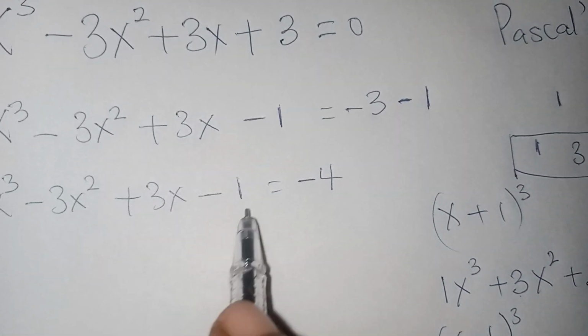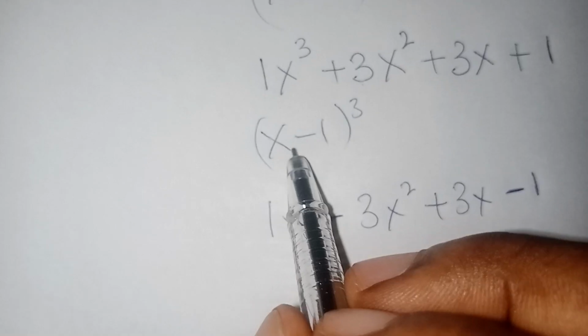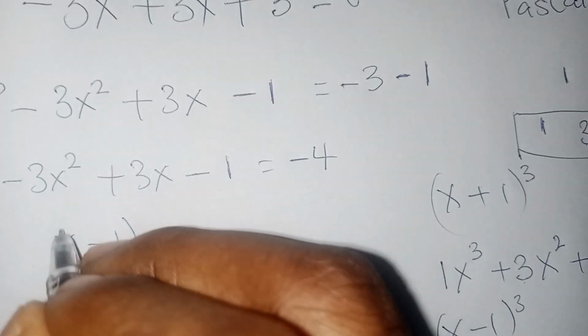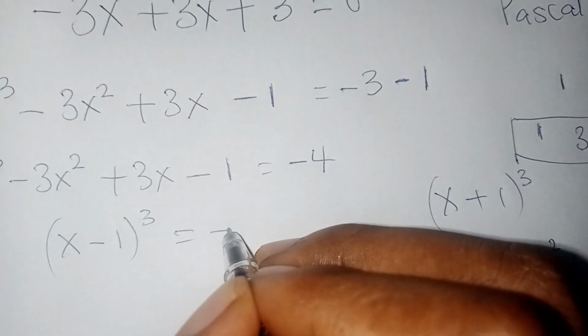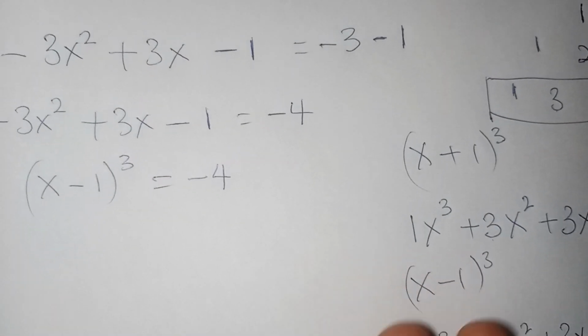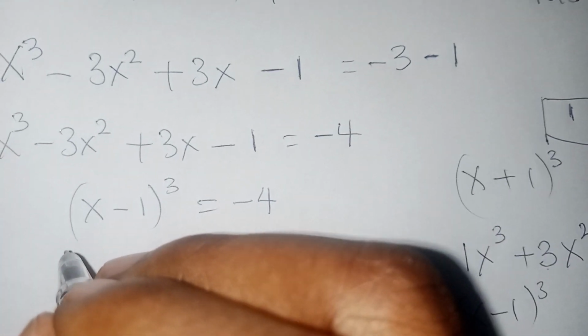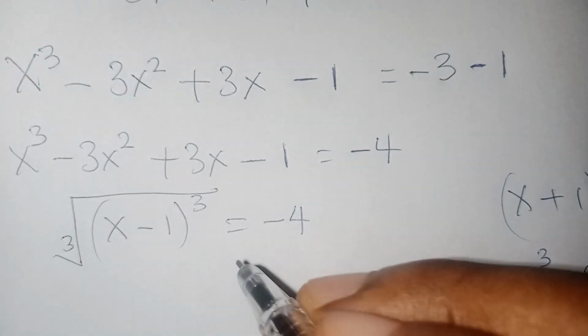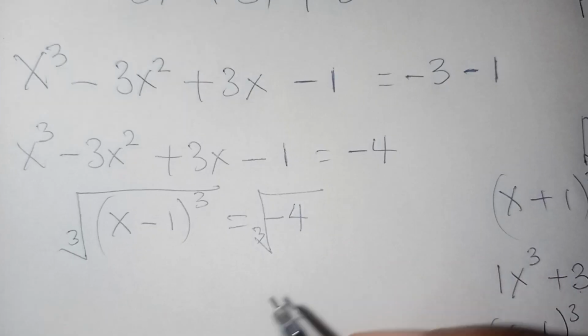Remember that this equation will give us what? X minus 1 to the power of 3. X minus 1 to the third power equals minus 4. Now with this, we're going to take the cube root of both sides.